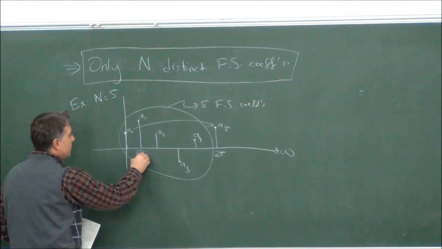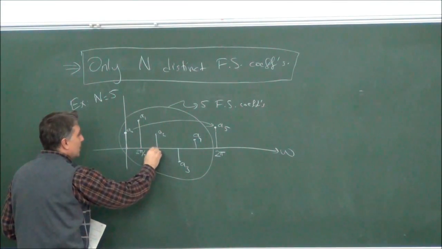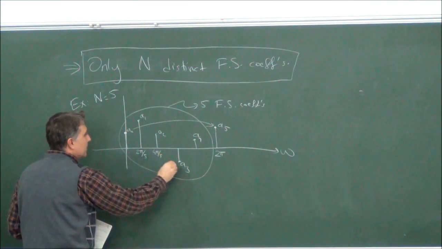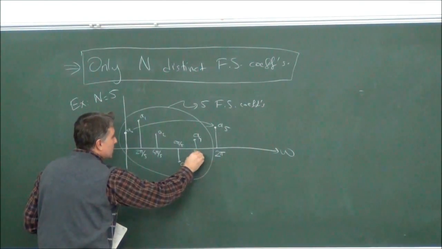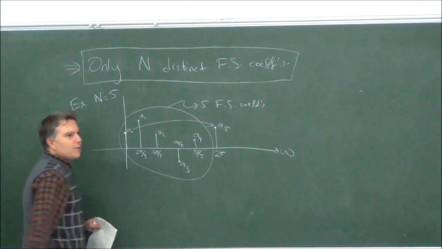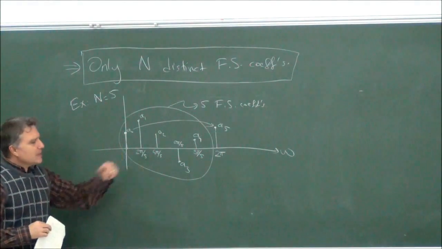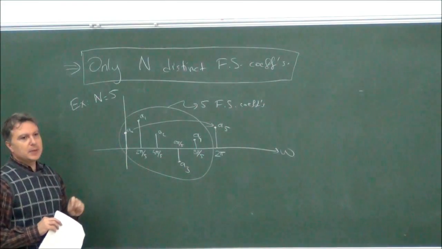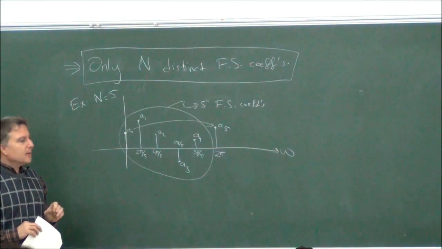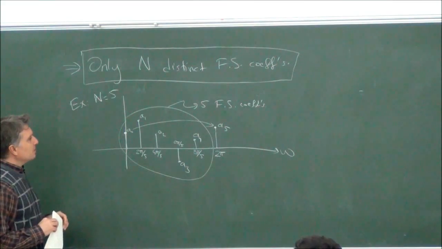It is 2 pi over 5. This is 4 pi over 5. This is 6 pi over 5. This is 8 pi over 5. This is 10 pi over 5, which is 2 pi. All right? So the frequencies are going on like this, and it's not very complicated to find the period here in the discrete time Fourier series representation.